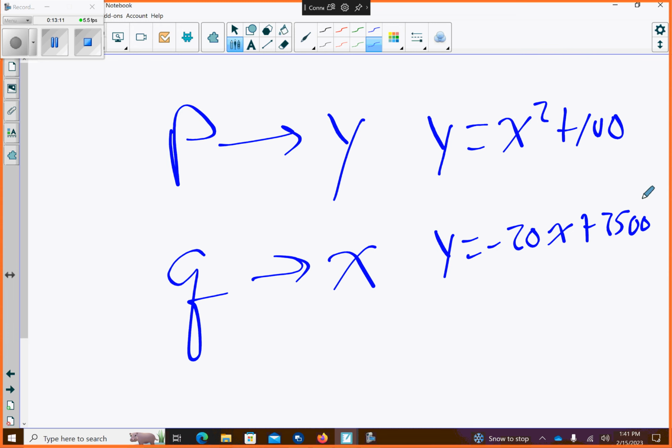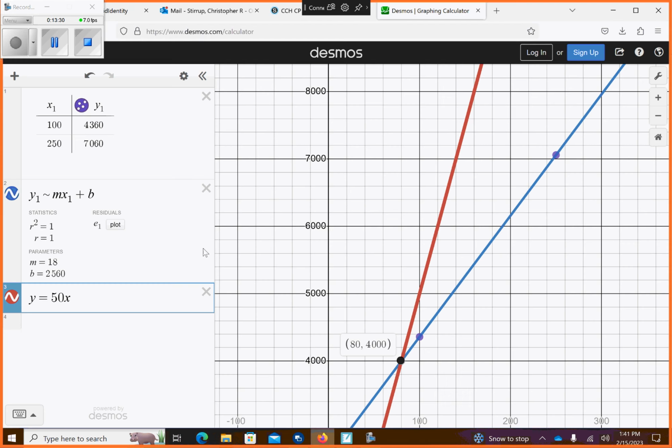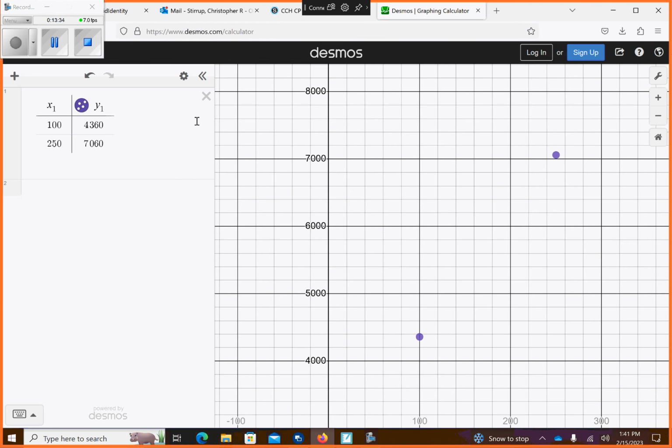If you graph both of those, you're going to have two different things because one's a parabola. Negative 20x plus 2,500. You can jump onto Desmos pretty easily. I just got to give you one of these examples and you should be good.